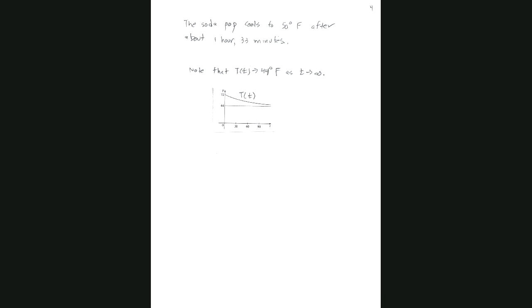And if you think about the formula, as t goes to infinity, what temperature does the soda pop reach after a long, long time? Well, as t goes to infinity, this exponential term is going to approach 0, because you're going to have e to the negative infinity, and that approaches 0.